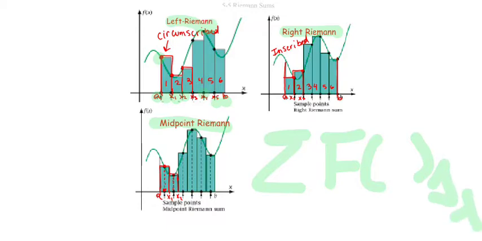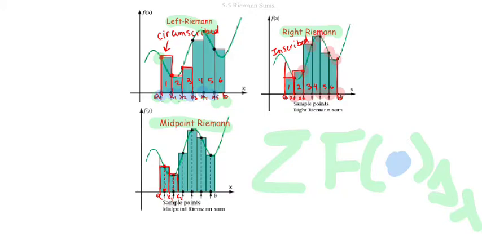If it's the left one, you're going to be plugging in this one first, then this one, then this one, and that's it. But if you were doing the right Riemann sum, you would plug in this one, this one, this one, and this one, which is why you see that these points are the ones that go along the function. It's not the left one.